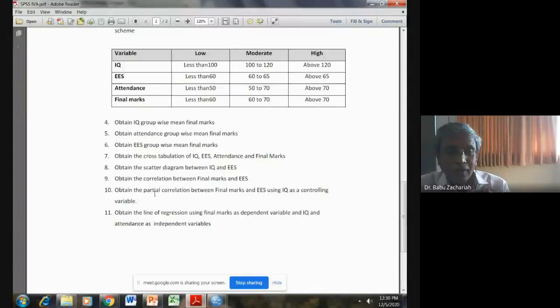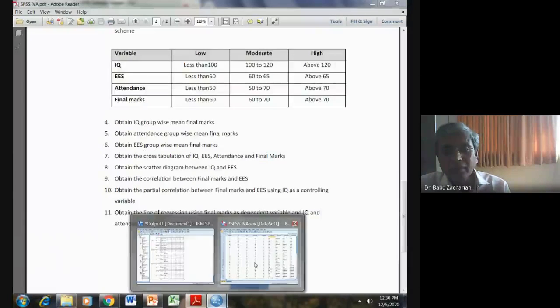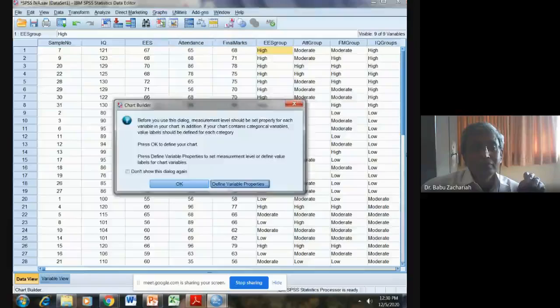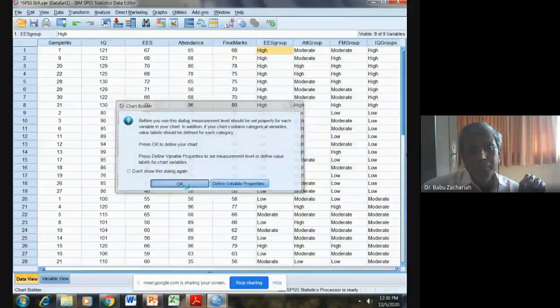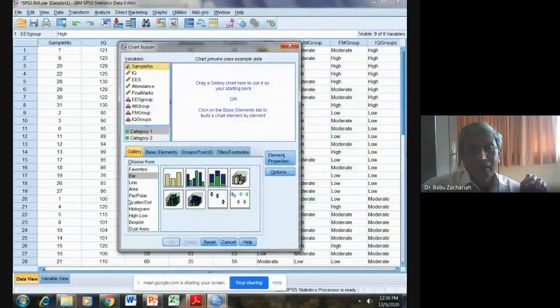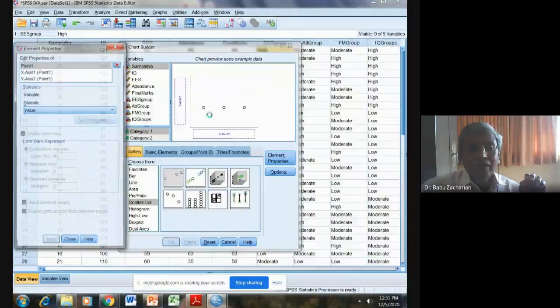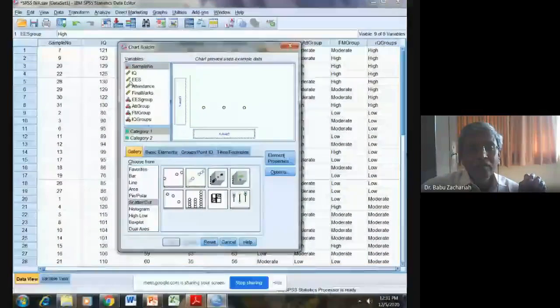Now here, first question, obtain the scatter diagram between IQ and EES. So scatter diagram, we have to go to graphs here and click OK. Here you have to choose scatter or dot. So the first type you can drag it here. Okay, and first variable is IQ.